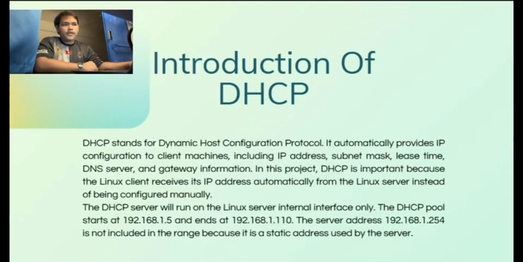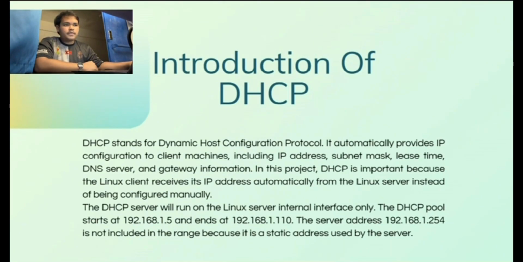We start with slide 1, which is the introduction of DHCP. DHCP stands for Dynamic Host Configuration Protocol. It provides IP configuration to client machines, including IP address, subnet mask, lease time, DNS server, and gateway information.